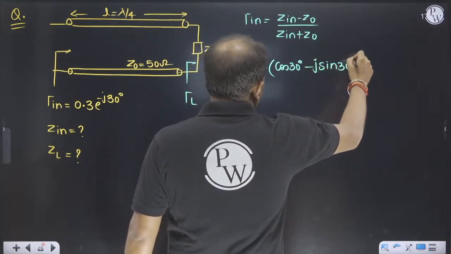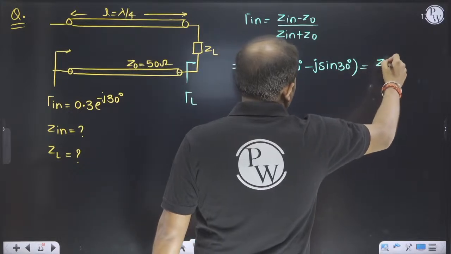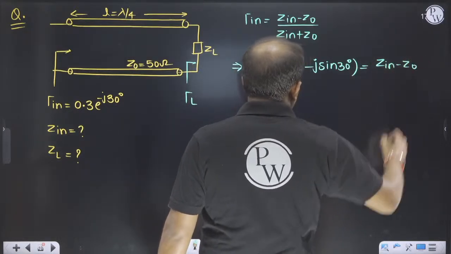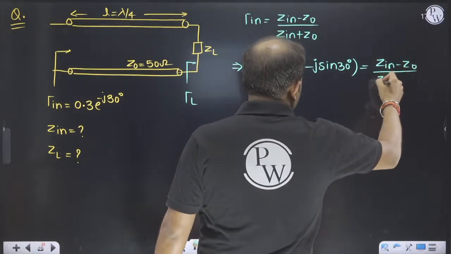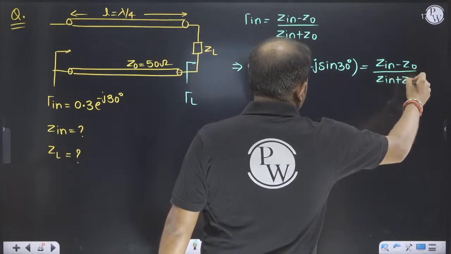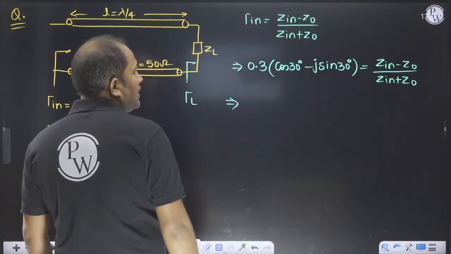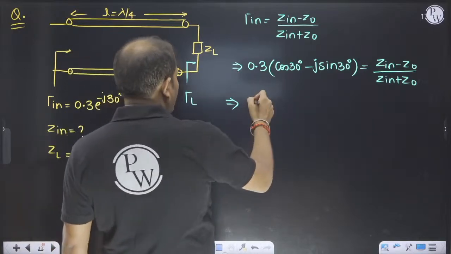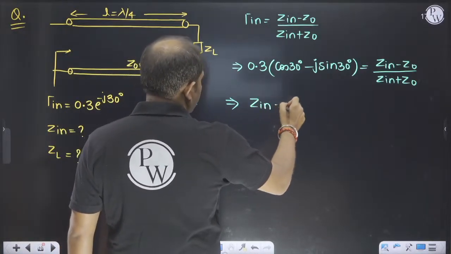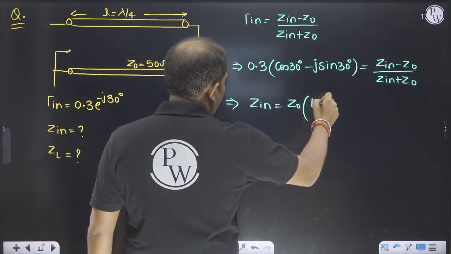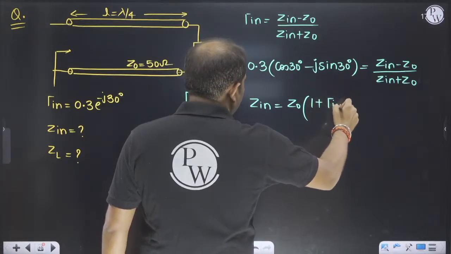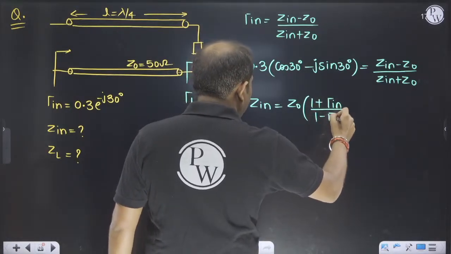So this is gamma in. Zin we don't know, Z0 we know that. So Zin is equal to Z0 times (1 plus gamma in) divided by (1 minus gamma in).